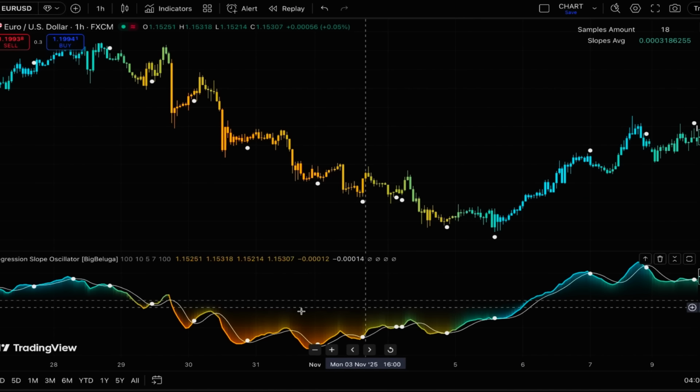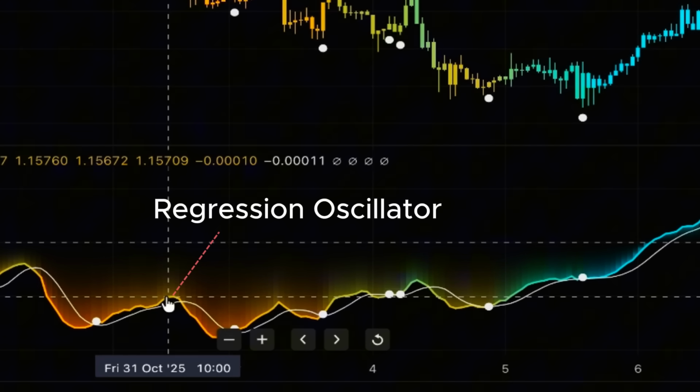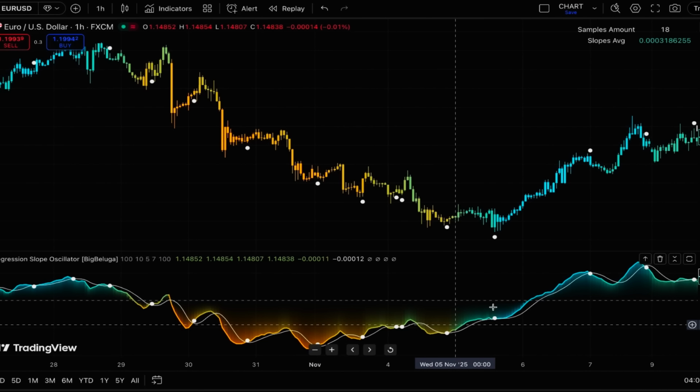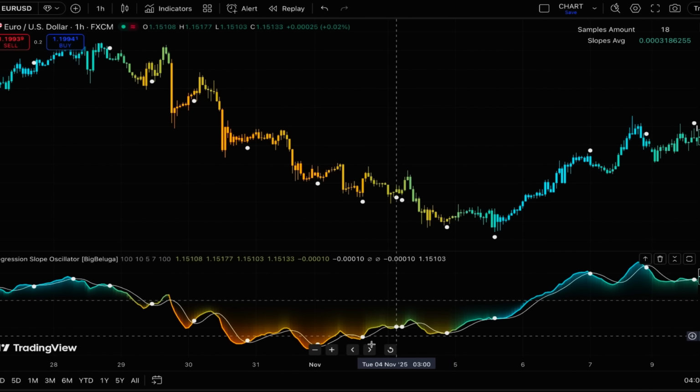Alright, getting back to the indicator. So this line here is the regression oscillator, and as I explained earlier, this is the average of multiple linear regression over different look-back periods. As you can see, similar to other oscillators, it is moving above and below the center line, which is 0, and depending on its position and distance to the center line, it has different colors.